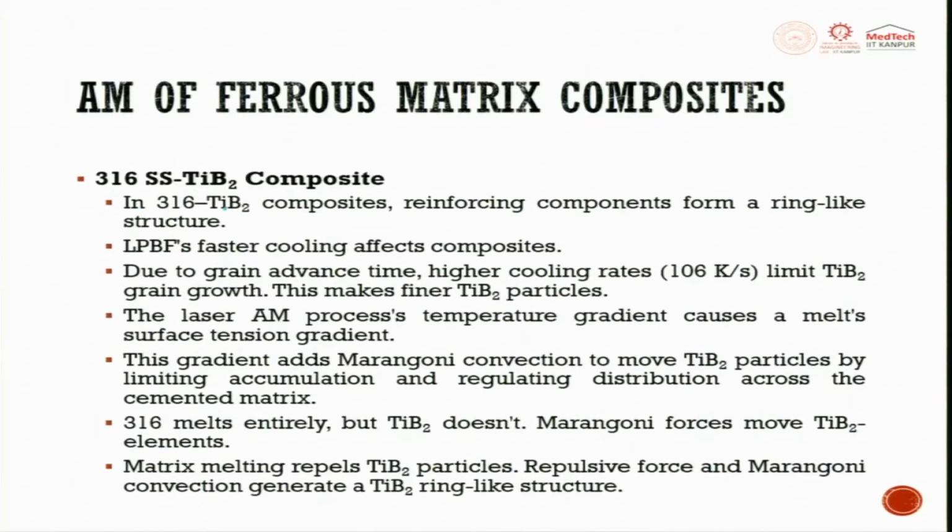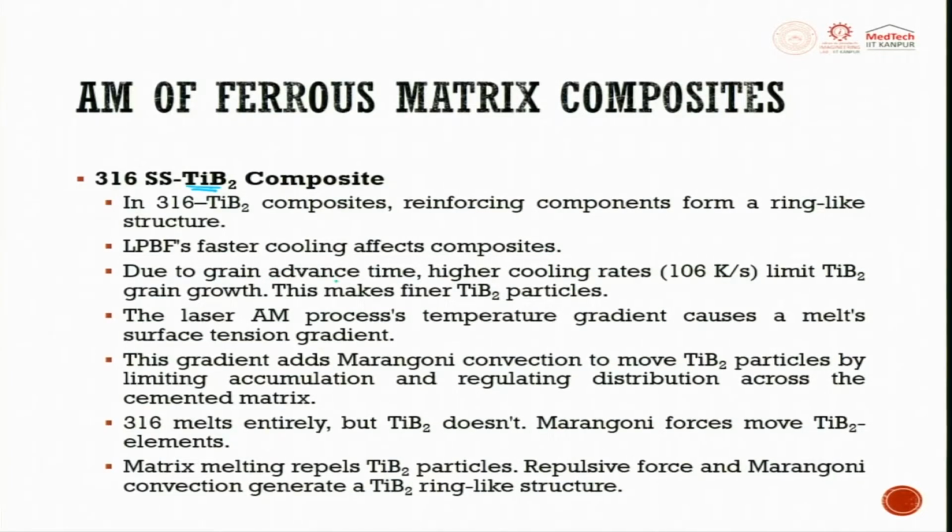The 316 TiB2: I am now changing TiC with TiB2, titanium boride. So, that was titanium carbide. So, titanium boride composite reinforcing components form a ring-like structure. Generally, we try to use the laser powder bed fusion method, where faster cooling affects the composite.